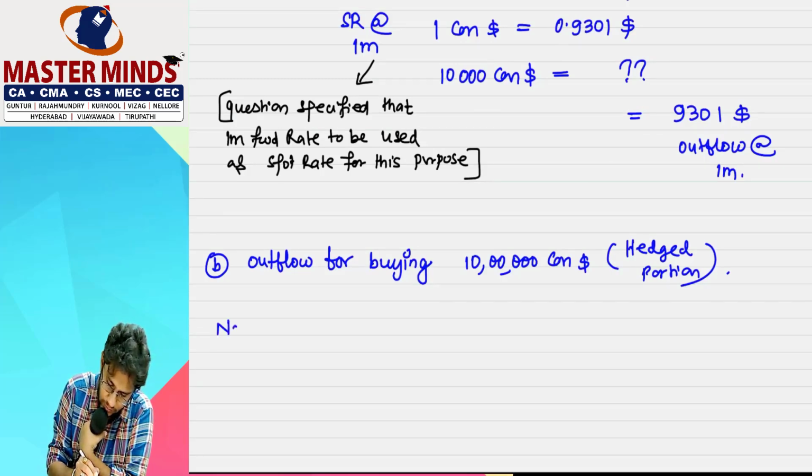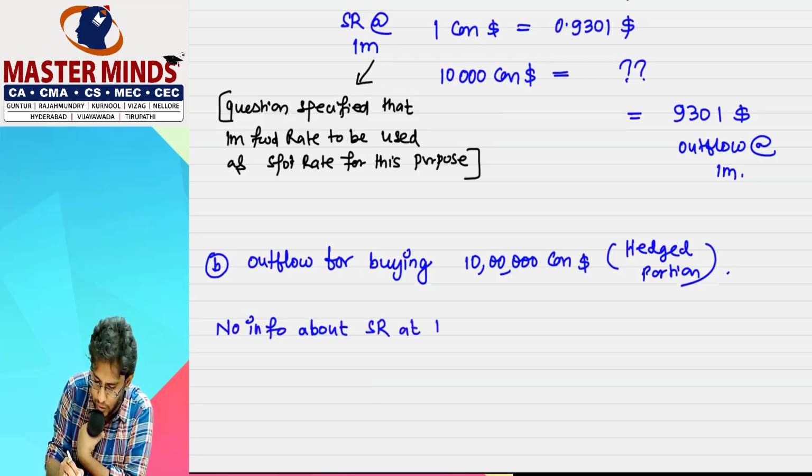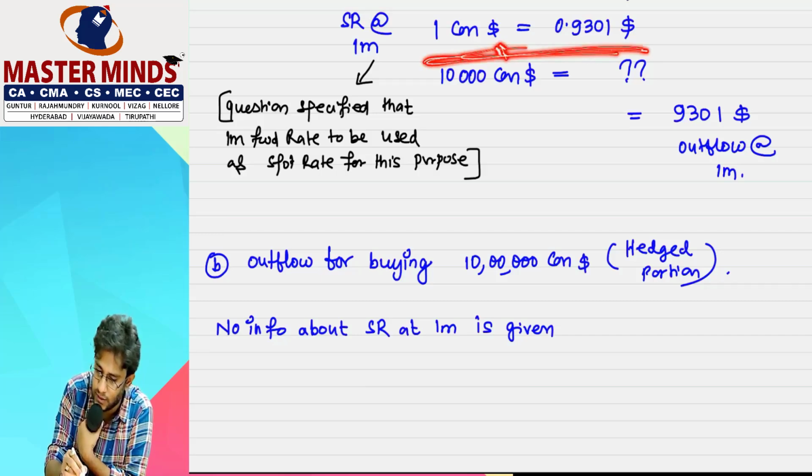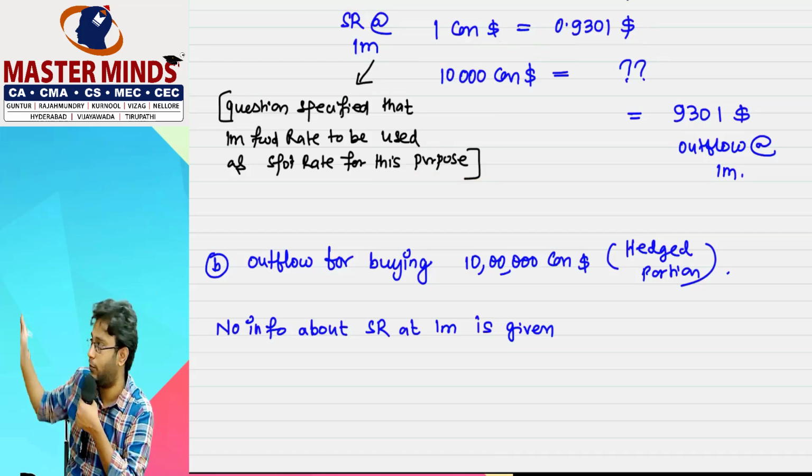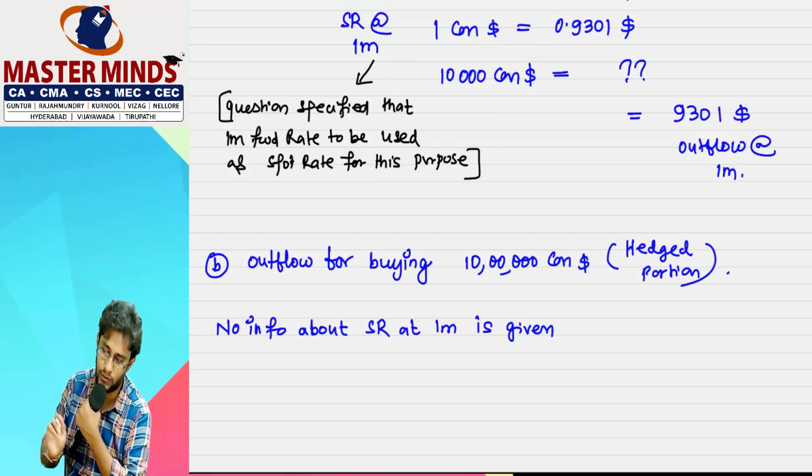Under this rate, no info about spot rate at 1 month is given. You don't use this one. This approximation is to be applied only for this purpose and the question clearly told. Don't bring it here. Here it is not given, that's it.